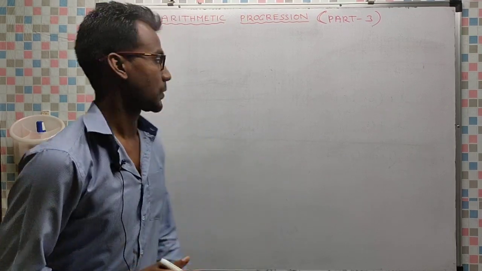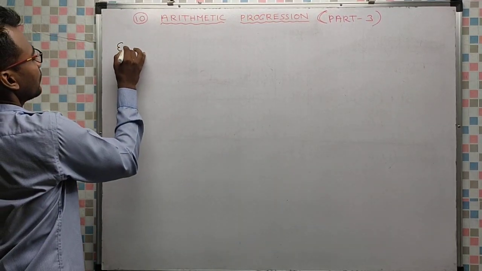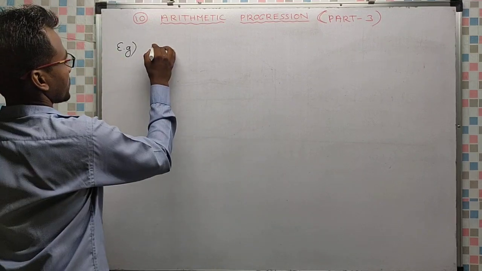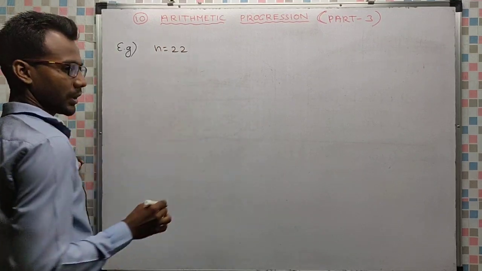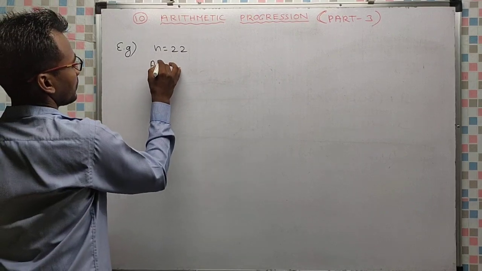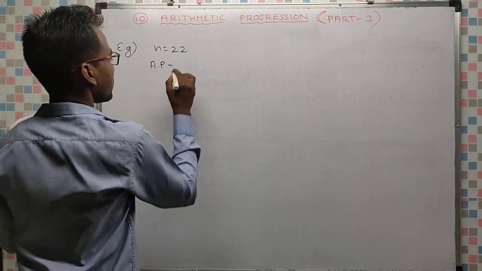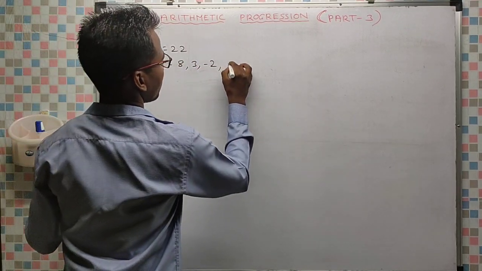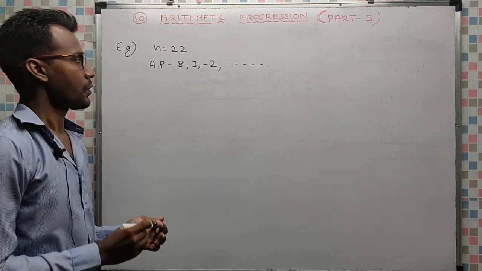Example: find the sum of the first 22 terms, n is equal to 22, of the AP 8, 3, minus 2, and so on.